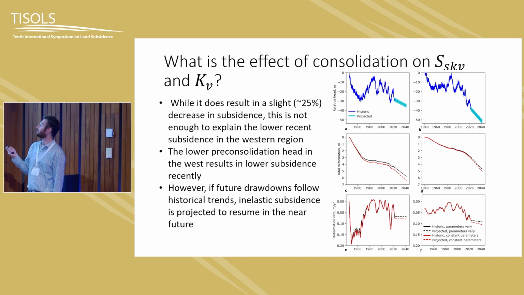I took the past 30 years and said if we projected that out and assumed that those same rates of drawdown continue for the next 20 years, then this is what the head time series would look like for both areas. And you can see that the projected deformation, shown in the dashed line, goes from being fairly flat relative to what it was to really more dramatic subsidence as we get really far below that pre-consolidation head.